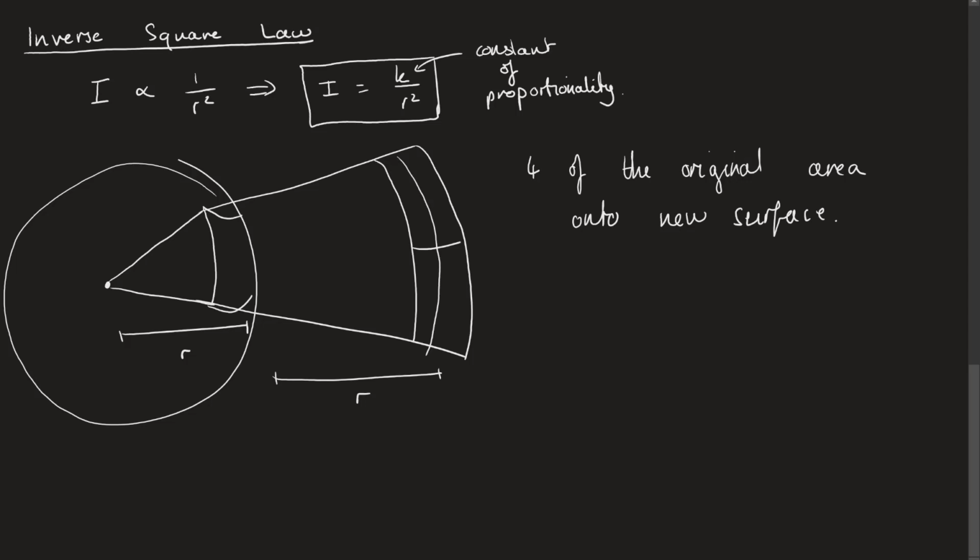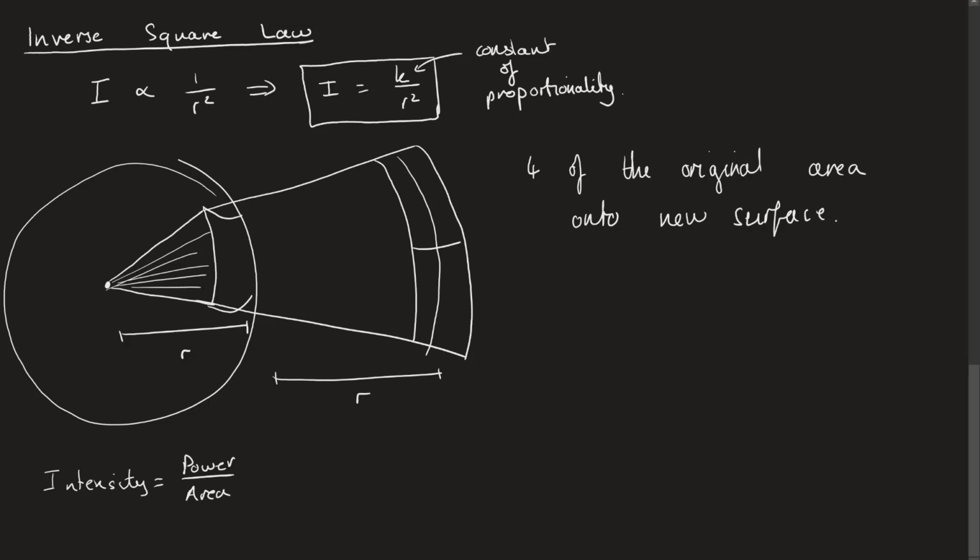Now that means that if I have a certain amount of gamma rays incident on this first surface, my intensity, it might be worth noting, intensity, if you wanted to put an equation on it, is just the amount of energy, or let's call it power, the power incident on a surface per unit area. Now, the power is the same because it's the same amount of energy that's being transferred, and it's all going to travel at the same velocity because it's all traveling at the speed of light.